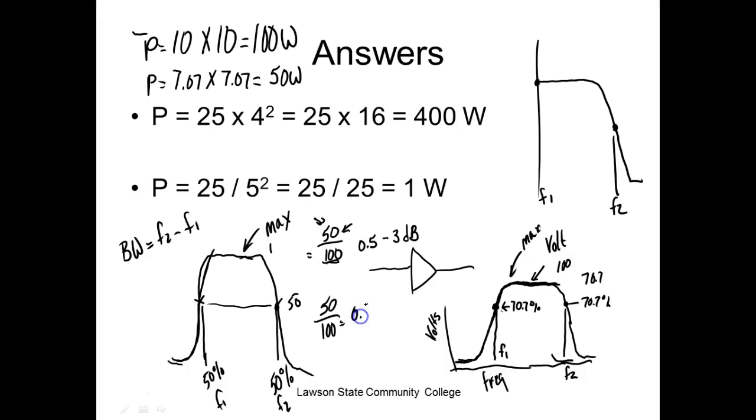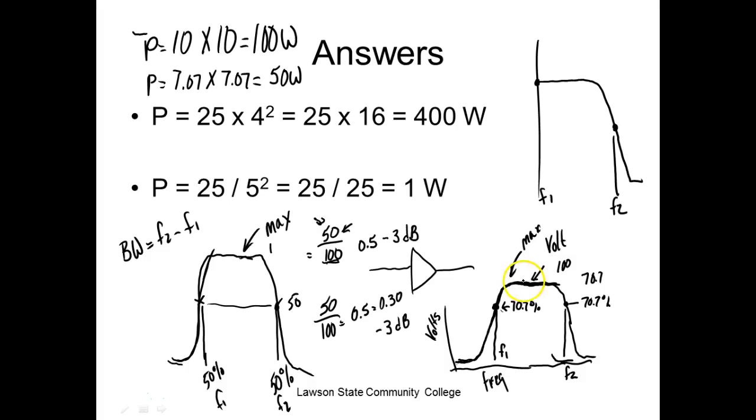That gives me 0.5. Right, you understand? Then I take the log of that, it's going to be 0.3 something. Then I convert that to dB, and it's going to be a minus 3 dB. Everybody okay? Is that okay?